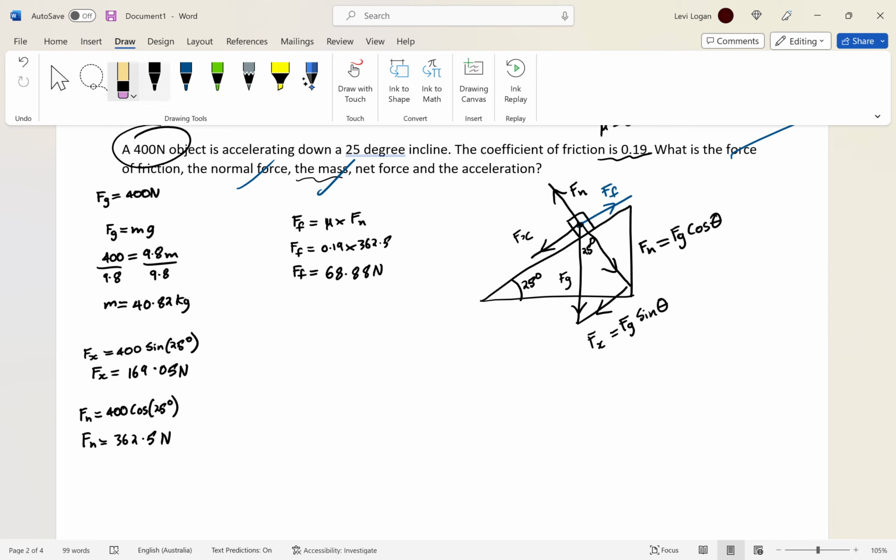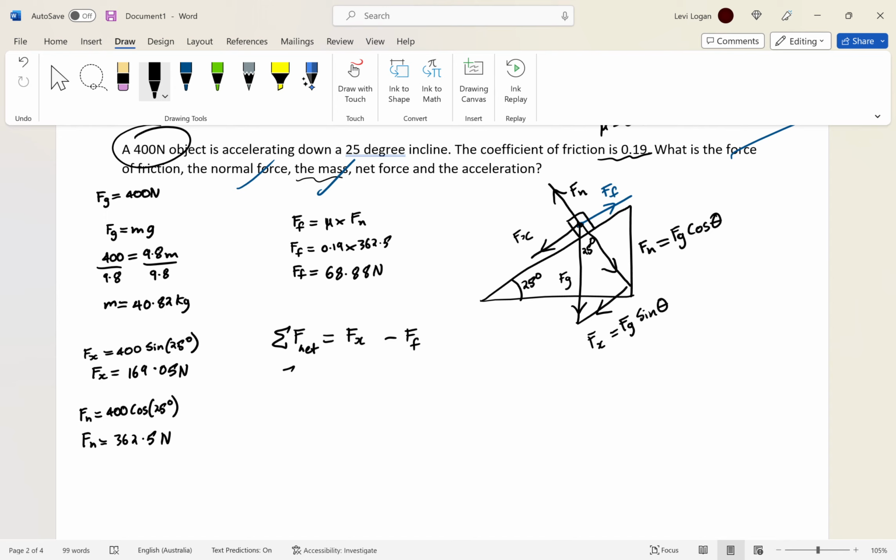The way we write it is sigma F subscript net is going to be equal to, let's say down the incline is the positive orientation, so this number is positive, minus the force that's going in the opposite direction, which is the force of friction, F subscript F. So this is our equation for our net force down the incline.